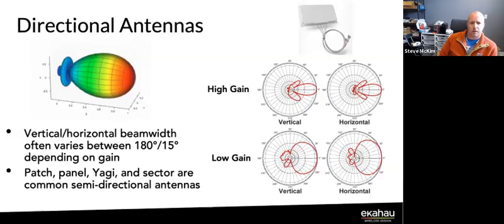Not so much Yagis, maybe more in the 900 megahertz band is where I would see a Yagi. At 2.4 I don't really see it for building to building. It's more 5 gigahertz where you'd be using it. I don't like the panels. I prefer to go with a dish, even a small dish.